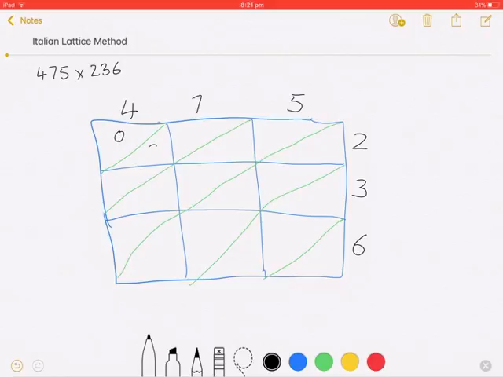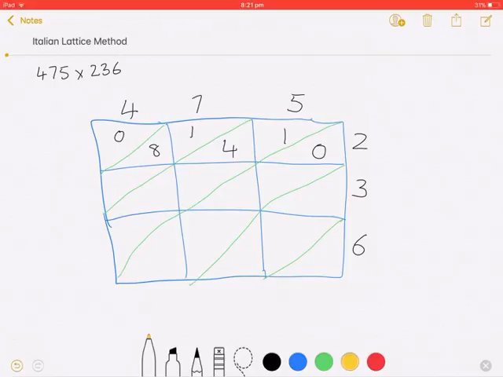So it's a 0 and an 8. 7 times 2 is 14, a 1 up there and a 4 down there. Then the next one, 5 times 2 is 10. I write 10 there, 1 and a 0.